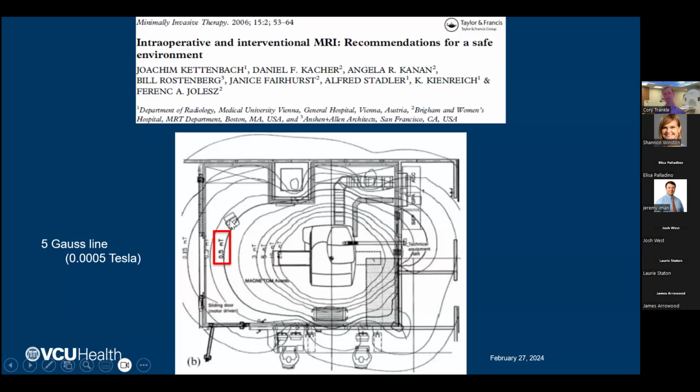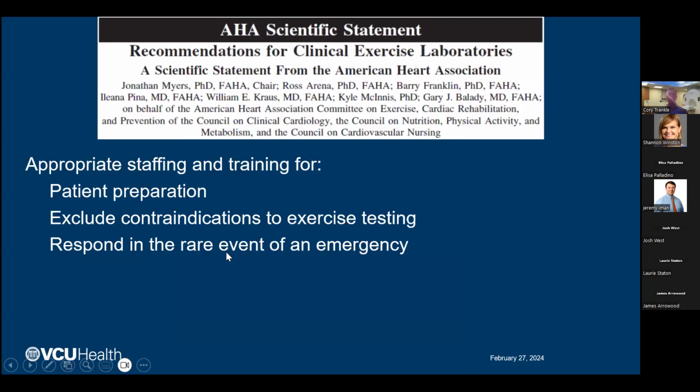And so anything that's got ferromagnetic material is at least strong enough to interfere with the image quality and or become potentially a projectile towards the center of the magnet, must be beyond this 5 Gauss line. And as you can imagine, most of our exercise equipment will then have this ferromagnetic material that becomes problematic if you have it within this distance. Not only that, most MRI units are not adequately equipped or staffed to run an exercise test.